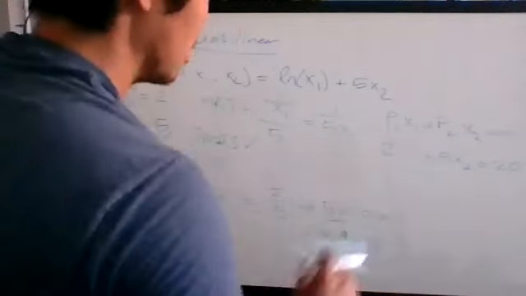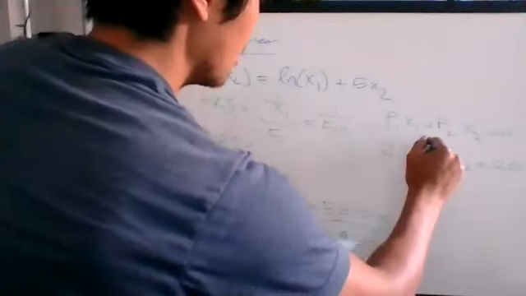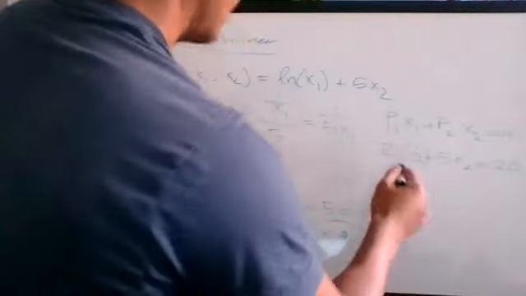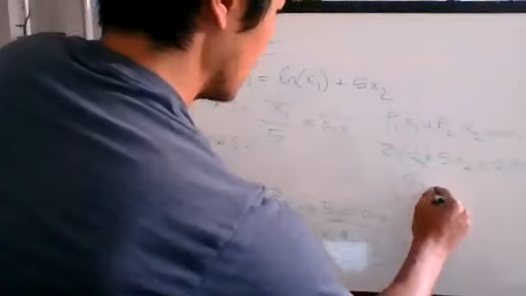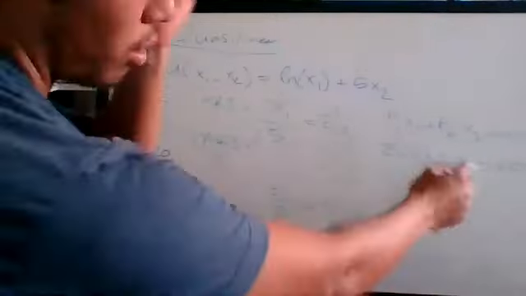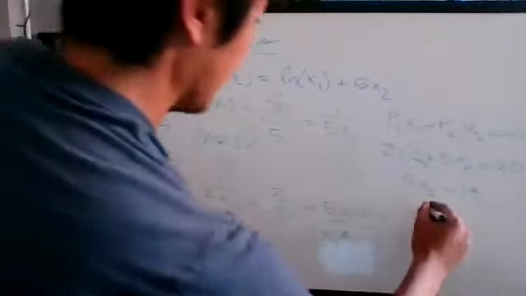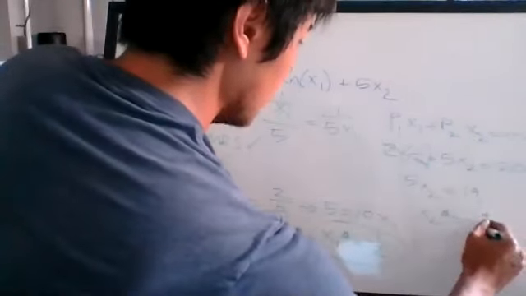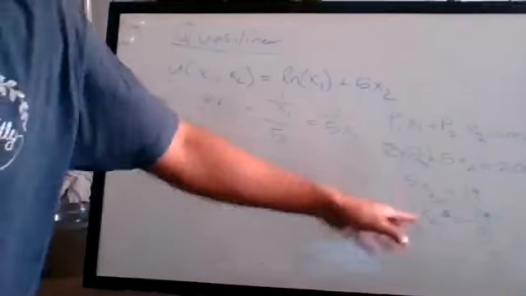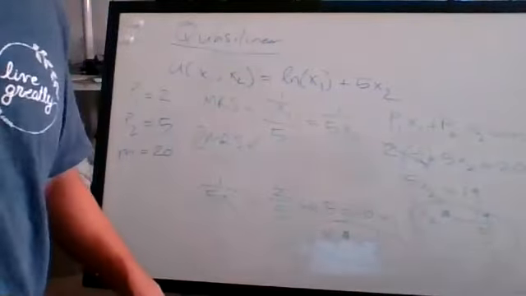So I'm going to fill this in right here with 1/2, and this cancels out to 1. And so I get 5 x2 is equal to 19. I just subtract 1 from both sides. And I get x2 star is equal to 19/5. Okay? And that's going to be your optimal bundle of x1 and x2.